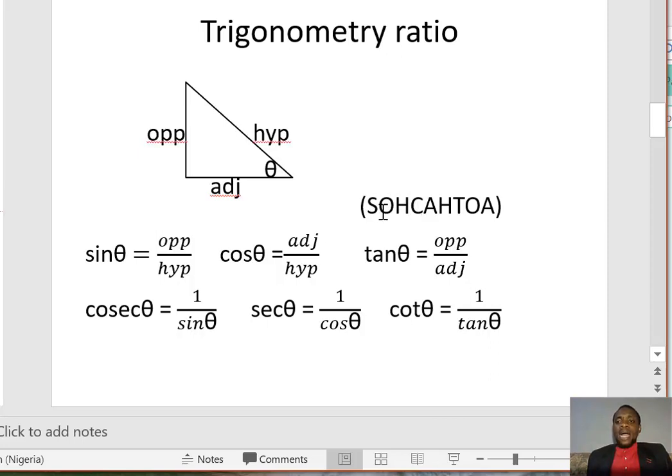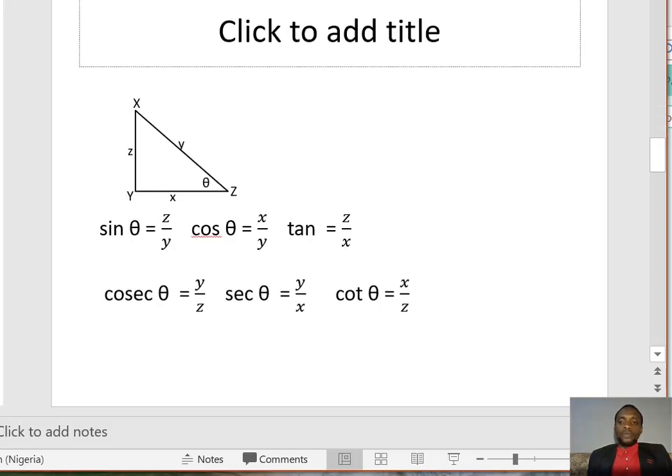So the moment they remember SOH CAH TOA, that is how to hold it, meaning sine equals opposite over hypotenuse, cos is adjacent over hypotenuse, tan is opposite over adjacent. So that is how we deal with the trigonometry ratio.